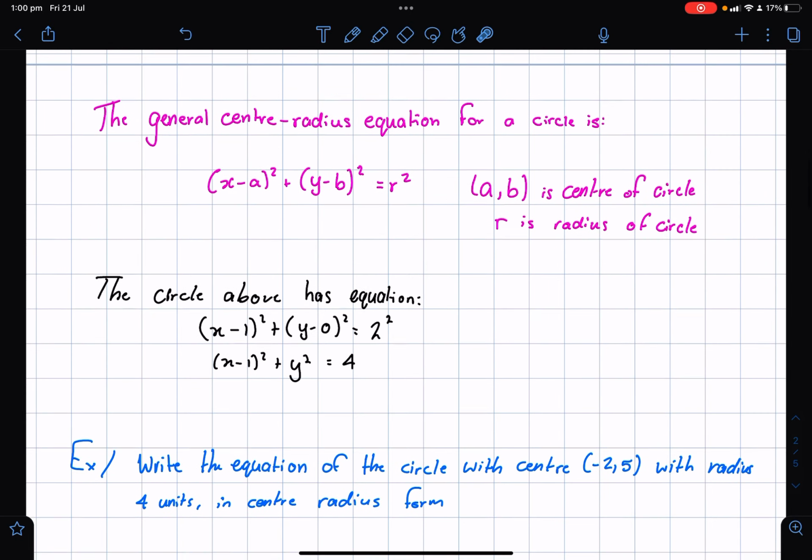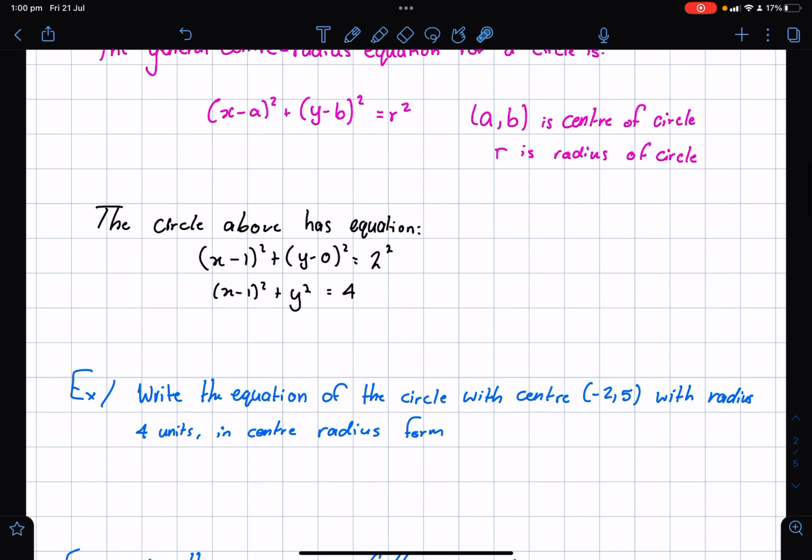All right, let's have a look at a different example. Write the equation of the circle with center (-2, 5), with radius 4 units in center radius form. So I know I've got (x - a) squared plus (y - b) squared equals r squared. Now a equals -2. So I've got x minus -2, which is +2.